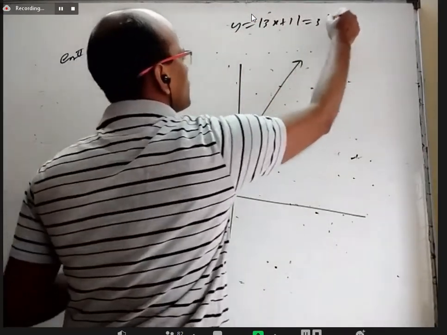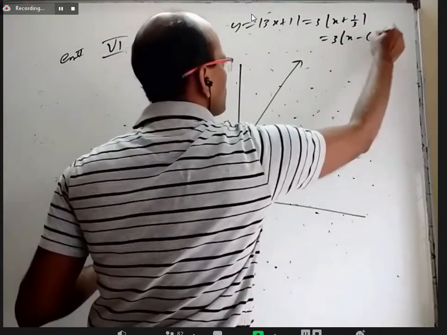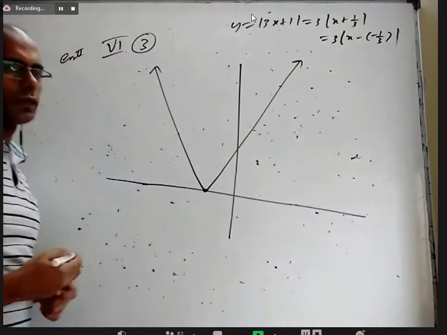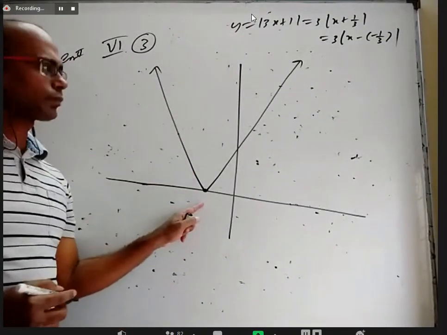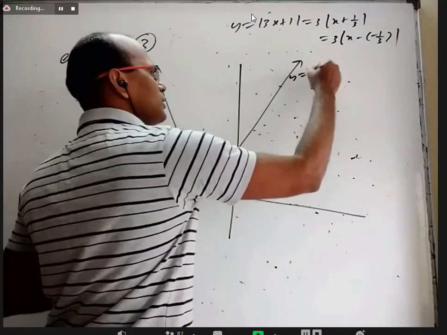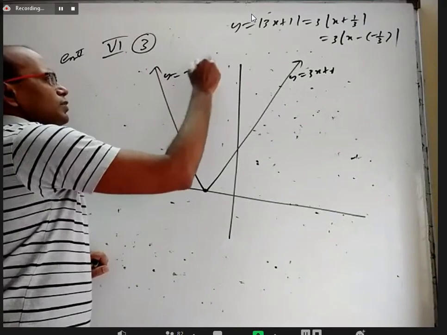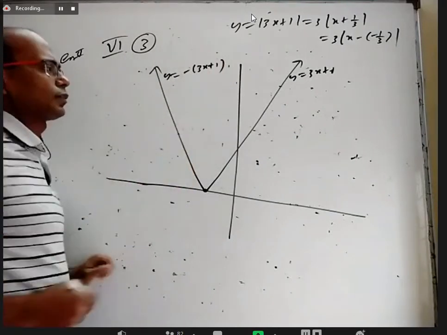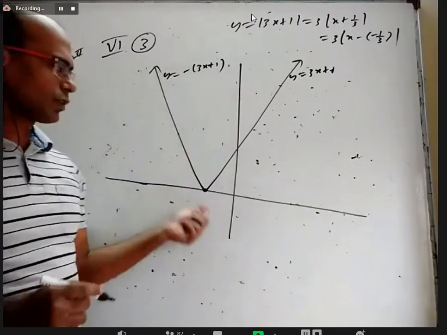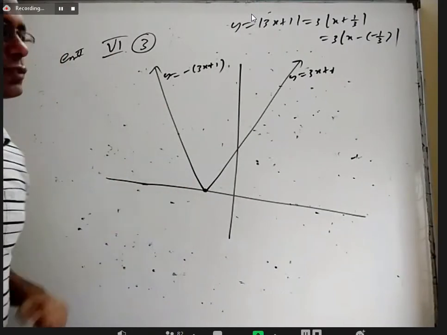If you take 3 common, it is mod x plus 1 by 3, which is x minus minus 1 by 3. At minus 1 by 3, it is 0. When it is positive, the line equation is y equal to 3x plus 1. When it is negative, it is y equal to minus of 3x plus 1. So it is a line with slope 3 passing through minus 1 by 3 comma 0, and this is a line with slope minus 3 passing through minus 1 by 3 comma 0.